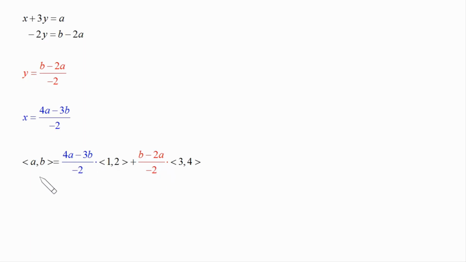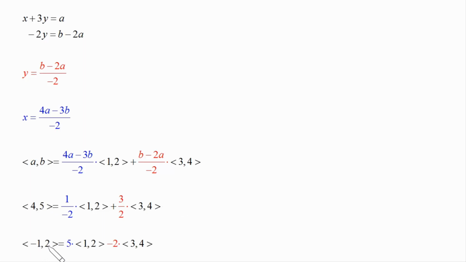Just for instance, if you threw at me the vector (4, 5), I would put a equals 4, b equals 5 here, and if you do the computations, you'll get 1 over minus 2 here and 3 over 2 here. And so it shows you that this (4, 5) is a combination of the two vectors in set B. Another example, (minus 1, 2).